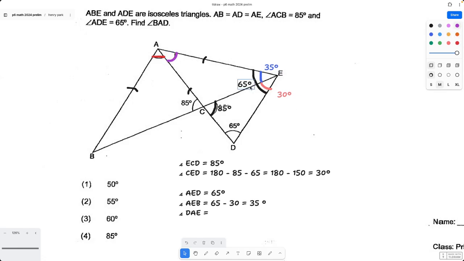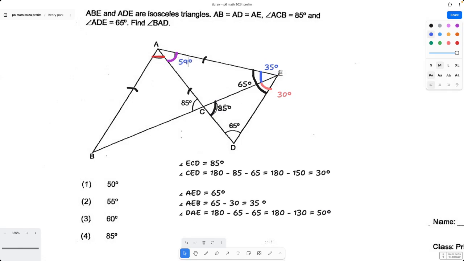It is basically 180 minus 65 minus 65, which is basically 180 minus 130. This will give you 50 degrees. So now we know the purple over here is 50 degrees.